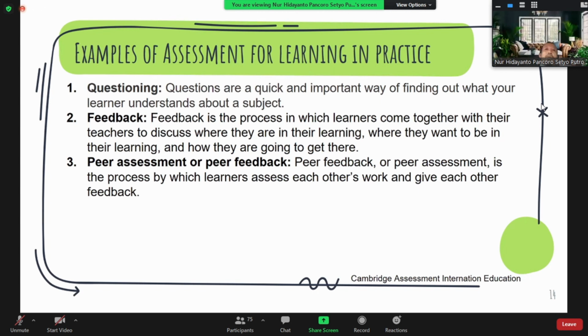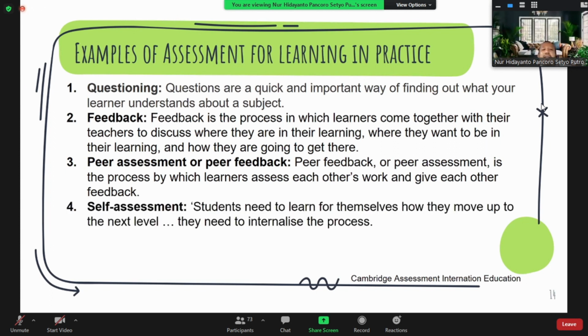Provide them with rubrics. Provide them with criteria of how they can assess their students through peer assessment and peer feedback. And then self-assessment, yes, it is quite problematic when we ask our students, kelemahanmu kira-kira di mana Mas dan Mbak? Kemudian mereka mungkin akan mengatakan, Pak, satu-satunya kelemahan saya adalah saya tidak punya kelebihan misalnya. So that is really problematic, right?